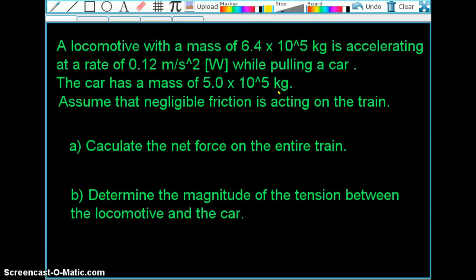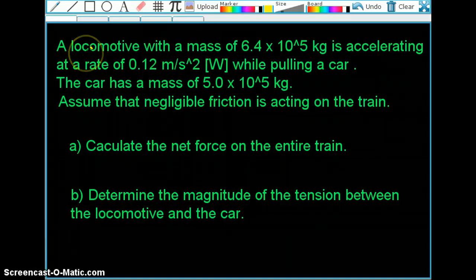So, as always, the first thing I like to do is underline what numbers and information I can find in the question itself. So obviously, in the first sentence, I can see the locomotive has a mass of 6.4 times 10 to the 5 kilograms, and it's kilograms, so don't mistake that for grams.